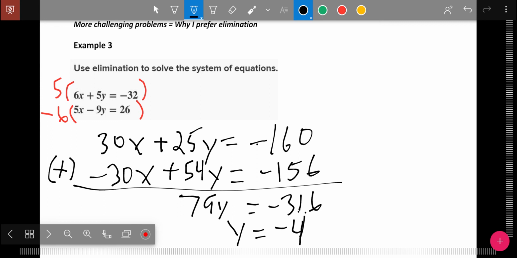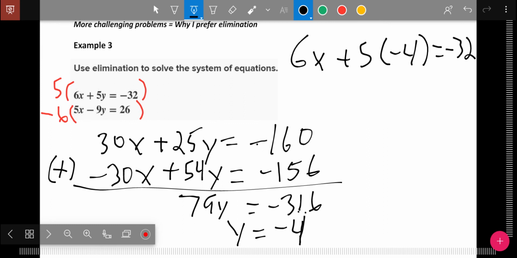And so now I plug in. Now the good thing is when I go to plug back in, these numbers are huge, so I want to use the original problem to plug back into. I'm just going to plug back into the top one, 6x plus 5y, but y is negative 4 now, equals negative 32.